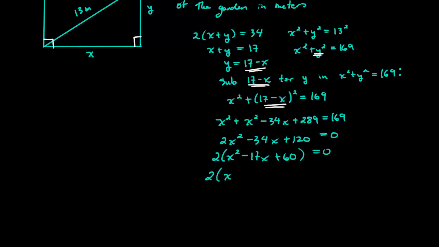The two numbers that multiply to 60 and add to negative 17 are negative 12 and negative 5. So the solutions to this equation are x is equal to 12 and x is equal to 5.